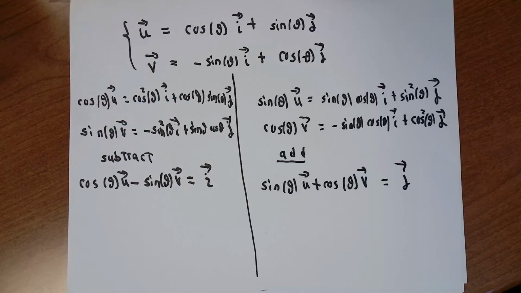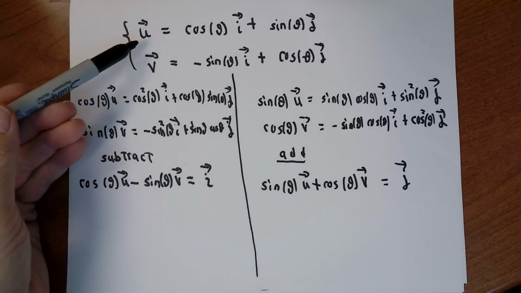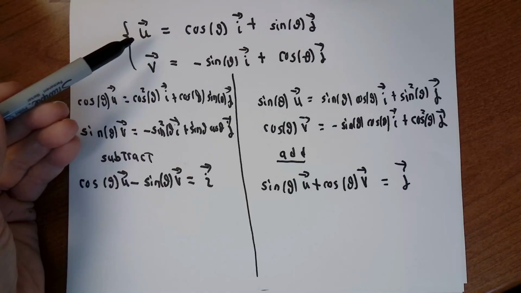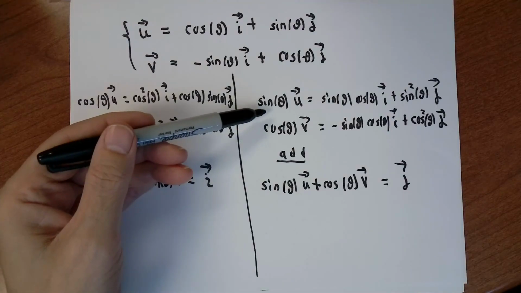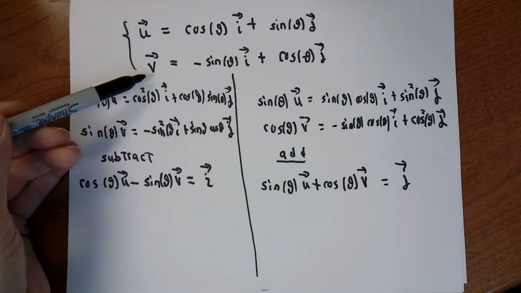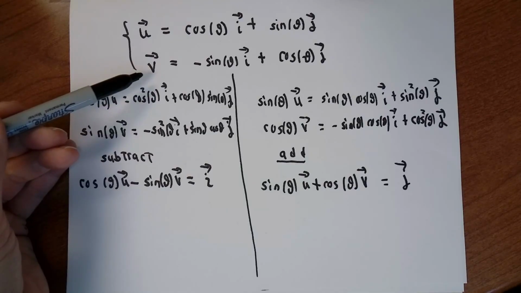Given these facts, I can express u and v in terms of i and j. It would be convenient if I could do the reverse as well. This turns out to be easy enough to do, just using some algebra and trigonometry.